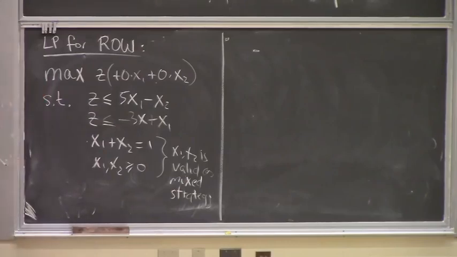Why can't you just do what we did in the previous example, where you set them equal to each other to get the maximum? Yes, excellent. Maybe also at the boundaries, when x1 is 1 and x2 is 0, or x2 is 1 and x1 is 0. We could just set them equal to one another, and this would be fine. This is what you would do in a homework or an exam.